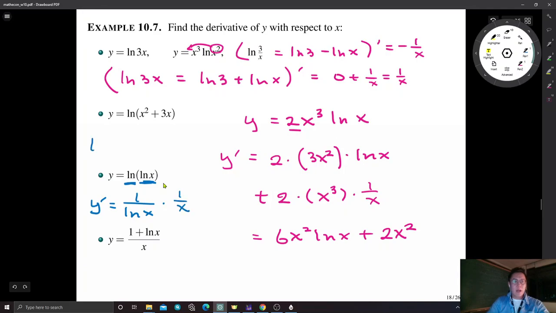Remember, the derivative of ln f of x is f prime divided by f of x. So here, treating ln x as f of x, I have ln x on the bottom, and then multiply by the derivative of f, so that is 1 over x. So this is the derivative of this function.